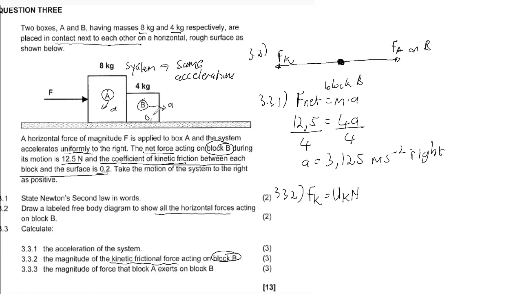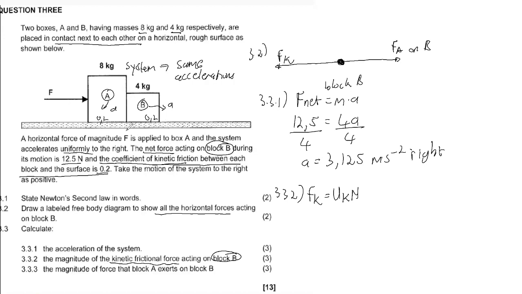So that means we have 0.2 here as our coefficient, and also here it's 0.2, because remember both of these blocks are moving on the same surface, right? So that means the coefficient of friction on both surfaces is the same. But note that this doesn't mean that block A and block B are experiencing the same frictional force. They are experiencing different frictional forces.